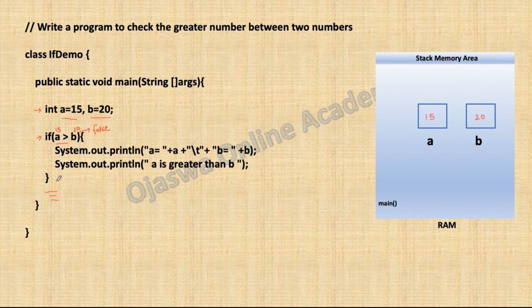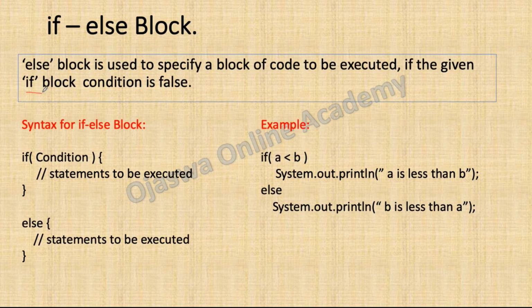But what I want is, if my if condition is false, that means the value of a is not greater than b, I want it to print b is greater than a. So in that scenario, we have the if-else block. Let us see what is the if-else block. If the given if condition is false, the code inside the else block executes. Syntax for the if-else block is if, condition, statements to be executed, else keyword.